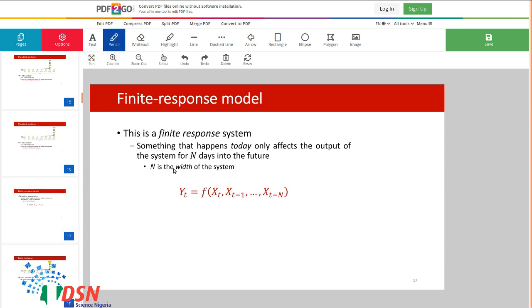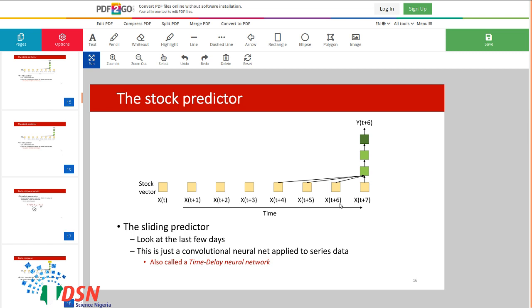So in general, we call these models finite response models. In other words, we make the prediction based on the current input and some n last inputs. For example, in this example, n is 4.